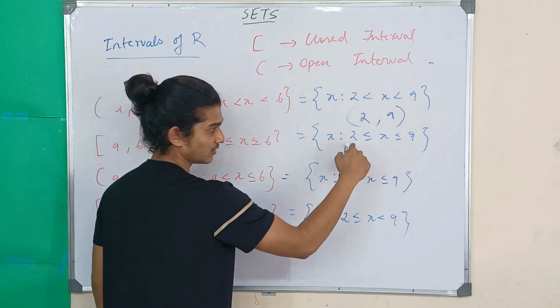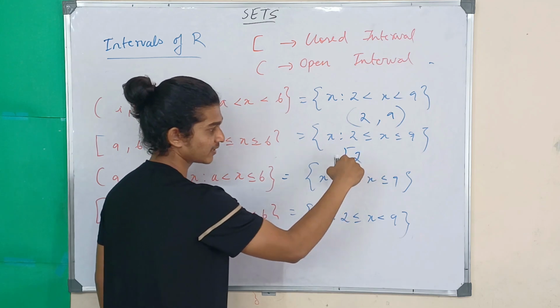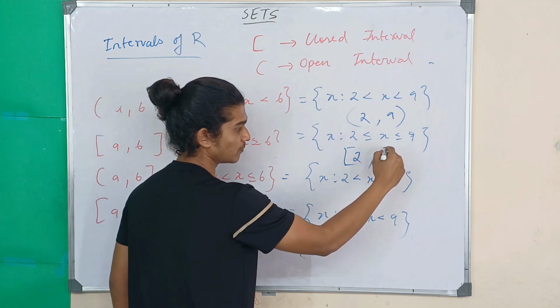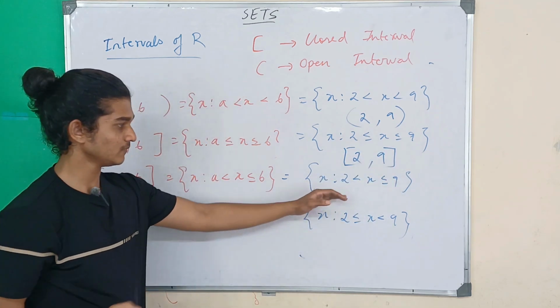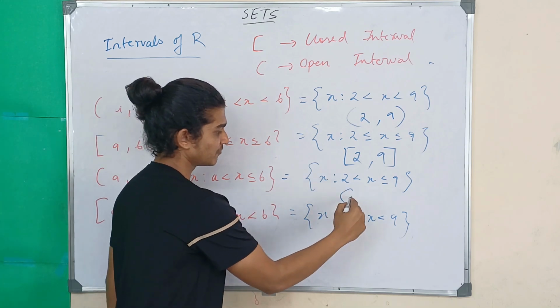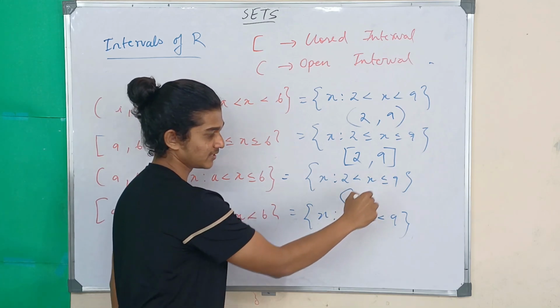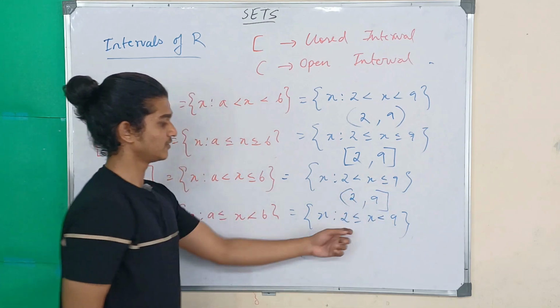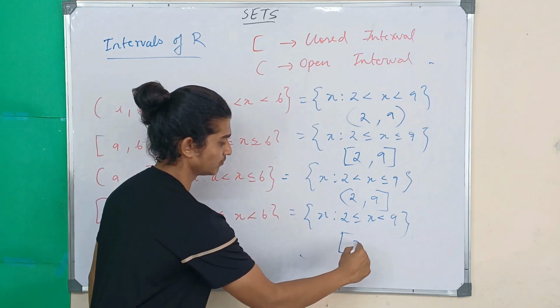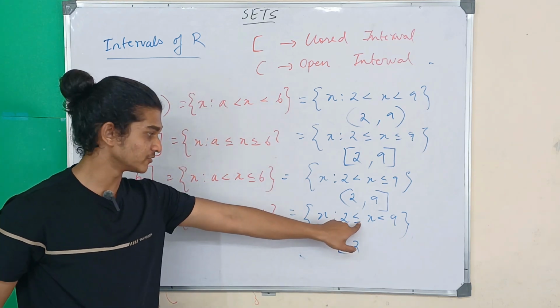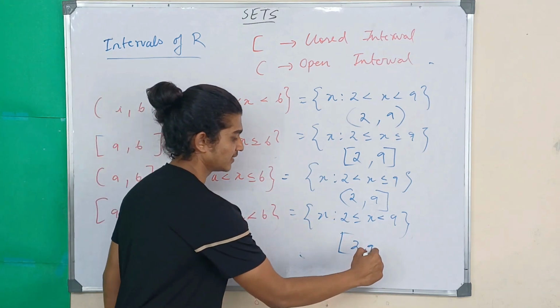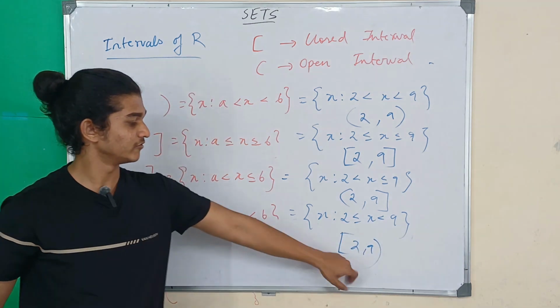For the next, since 2 is included, box bracket for 2, and 9 is also included, so box bracket for 9. Here 2 is excluded, so round bracket for 2, and 9 is included, so box bracket for 9. For this one, box bracket for 2, because 2 is included as you have the equal to sign, whereas 9 is excluded, so I'm going to write a round bracket for that.